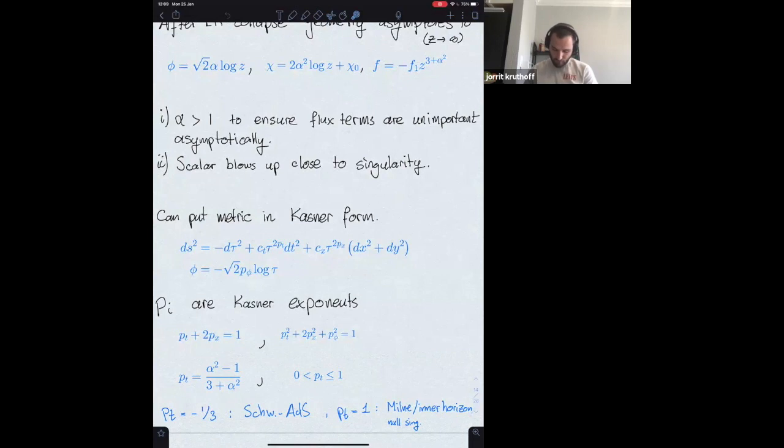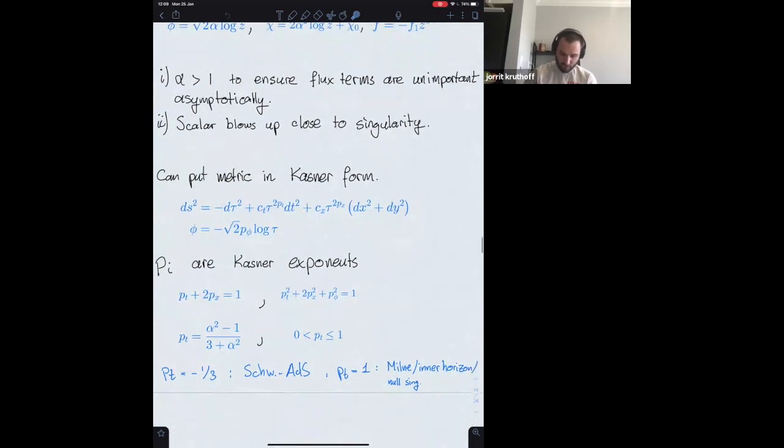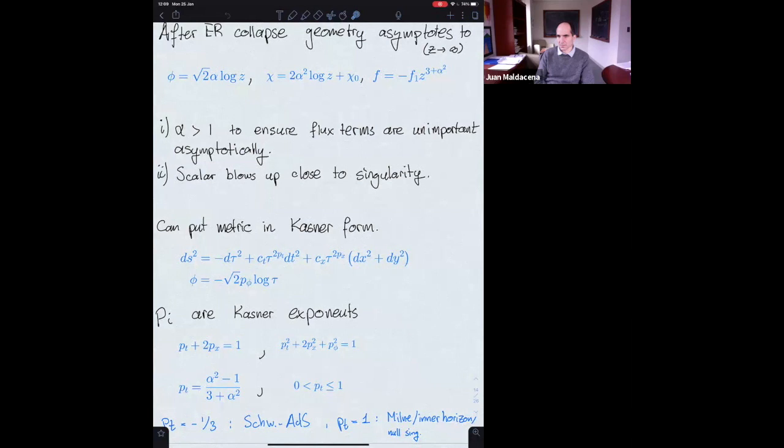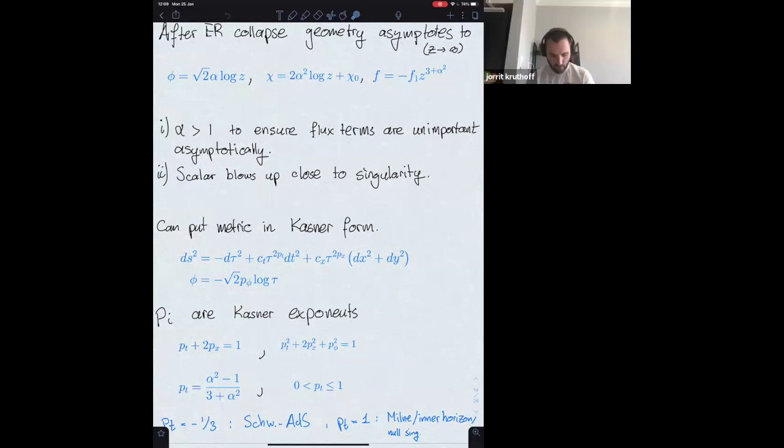And then there is also another extreme, which is pt equal to 1, or alpha to infinity, which is a regular inner horizon or a null singularity, or you can also think about it as a Milne universe. Okay, so that was basically what I wanted to tell you about the neutral scalar with a charged black hole.